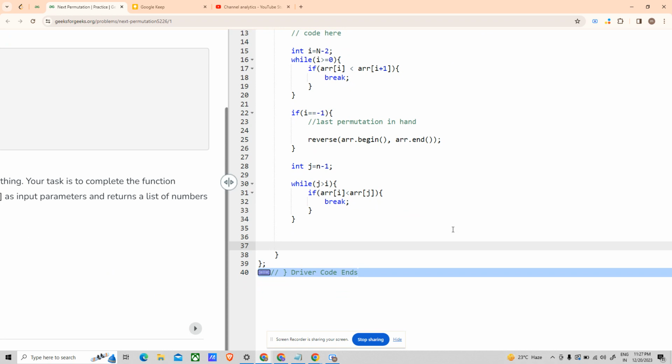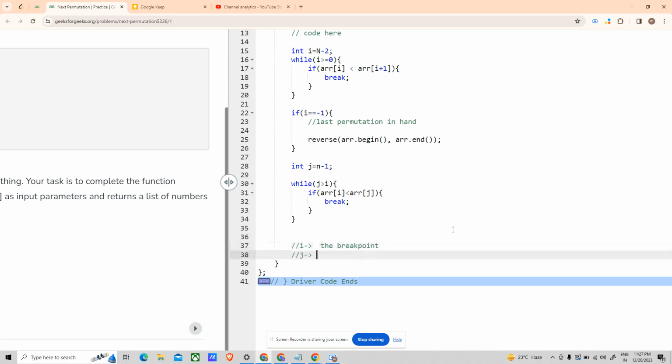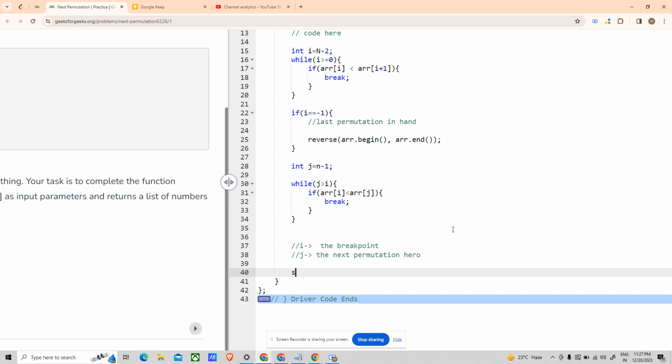Now we have got i in hand, the breakpoint, and j in hand, the next permutation hero. What we have to do? We have to swap these. Swap arr[i] with arr[j].